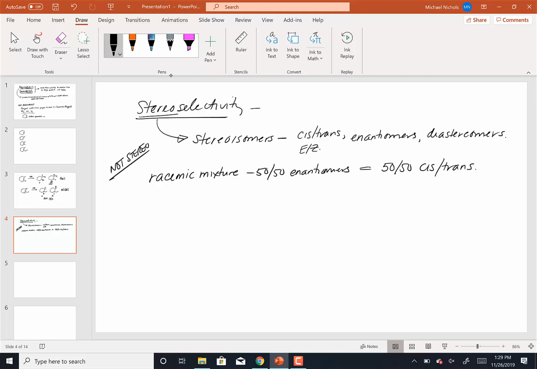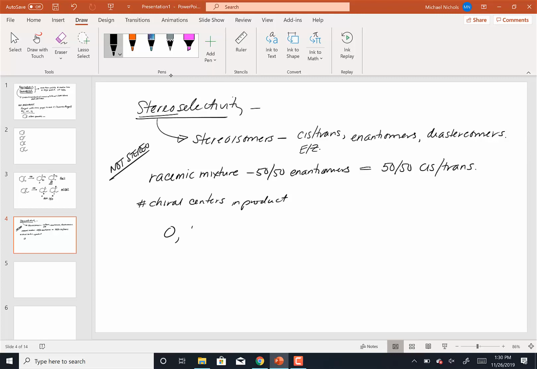Okay. So that means that for me to make two stereoisomers that are not 50-50 in my mixture, if we just look at the number of chiral centers in the product, if you have 0 chiral centers in the product, forget about stereoselectivity.